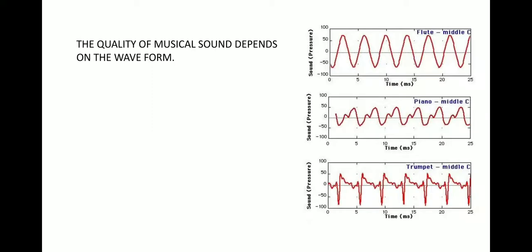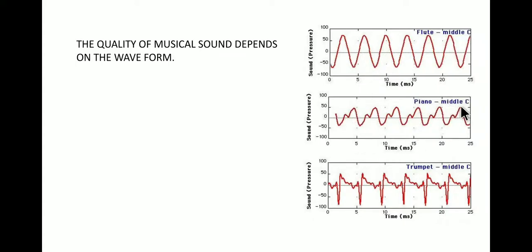So the quality of musical sound depends on the waveform. Okay, so let's look at what waveform means. Over here you can see the first one is the waveform of a flute, which is playing middle C. Middle C is the name of a note.